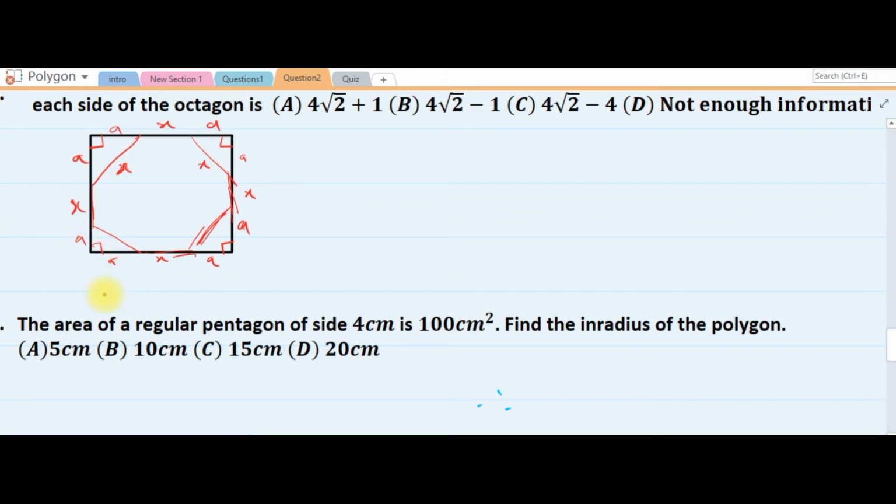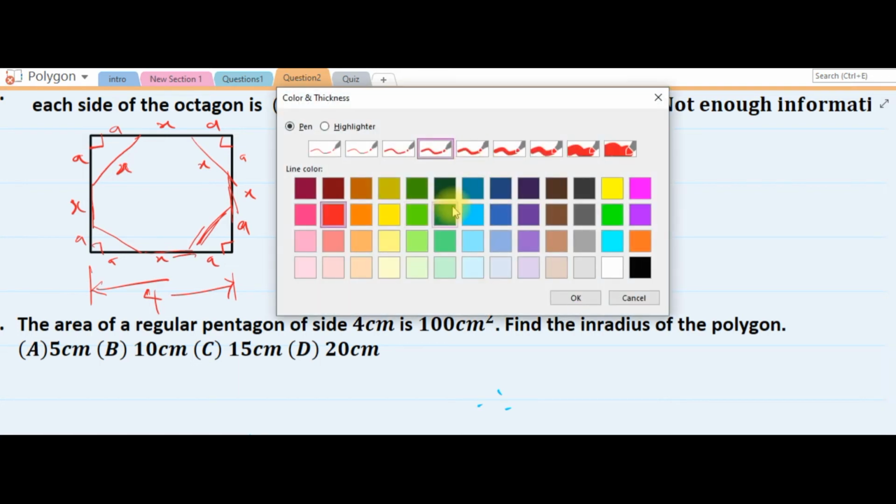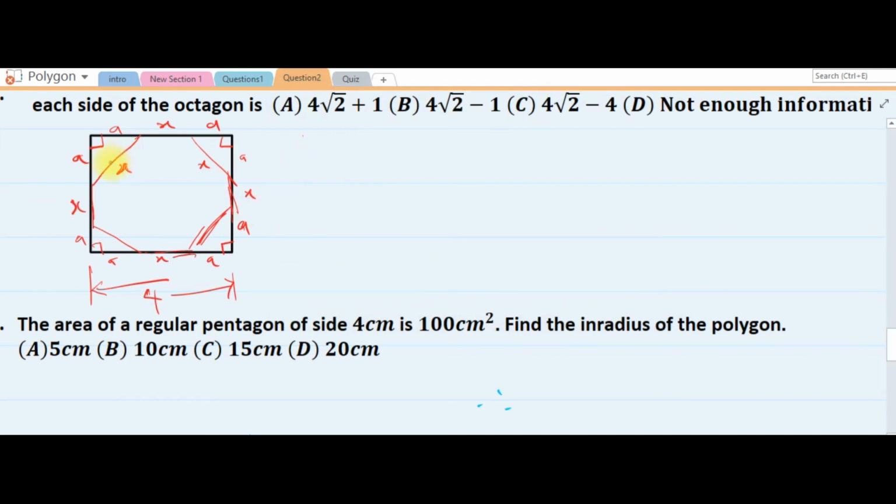But we know that the total length is 4. The total length of the square is 4. So the next thing is to relate what is happening. If you notice from this diagram, here and here, this should be 45 because they are equal. So it should be 45.